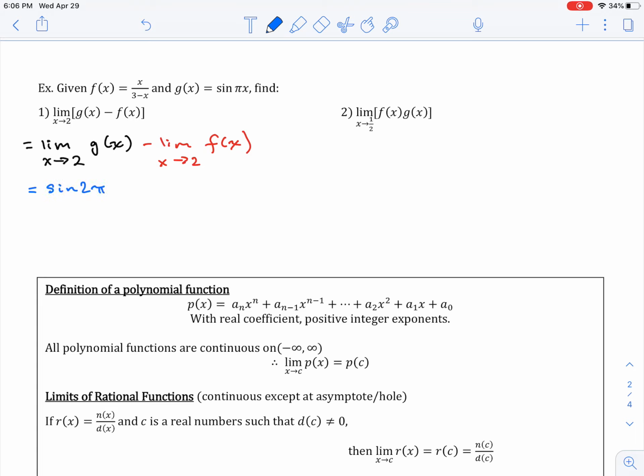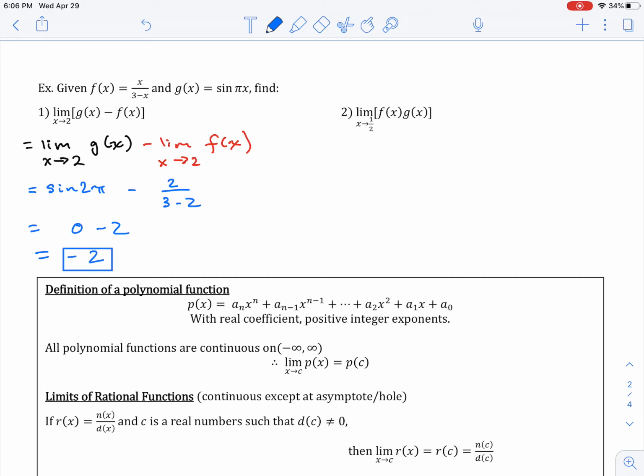Now let's look at the limit of f of x as x approaches 2. Well, although that isn't a continuous function everywhere, it is in the vicinity of x equals 2. So we would just simply have 2 over 3 minus 2. And we would say 0 minus 2. And this limit then is equal to negative 2.